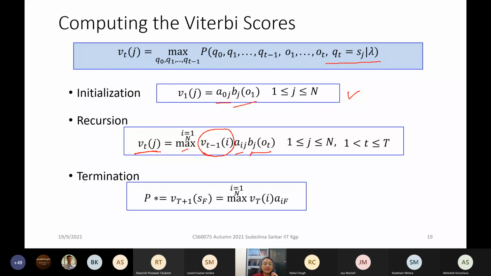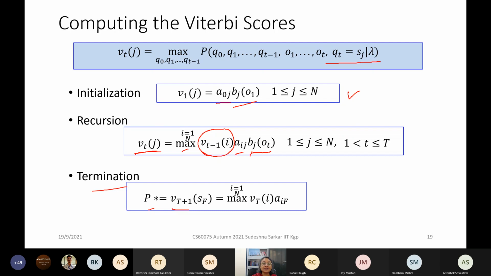And we take max to find the most probable path, because as we said, when we want to look at the observation probability, we look at all possibilities. That is why we had taken sum. But here we want to find out the highest probability path, so we take the max. And we continue till the last column, and at termination we find out the highest probability of V(T+1)(SF), that is the last column.